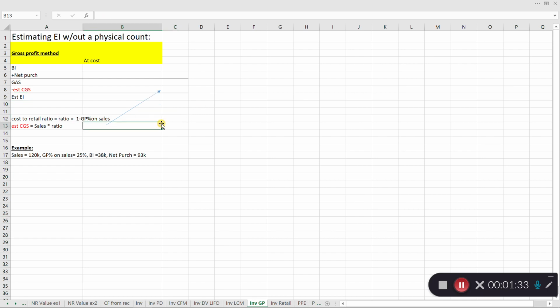So the gross profit method is a fairly straightforward method that we can use. Now, it's not necessarily GAAP compliant, which means we can't use it on our financial statements, but for internal reports we can use it, and also for quick estimates of what we have in inventory we can use it.